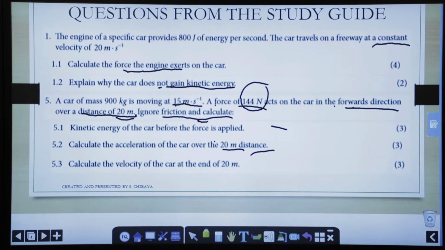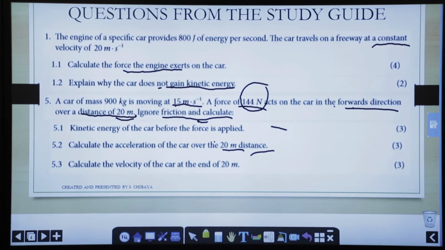Therefore, 144 divided by 9, I just divided by 100 for convenience there, 1.44 divided by 9 is equal to 0.16. What am I calculating? Acceleration in meters per second squared.